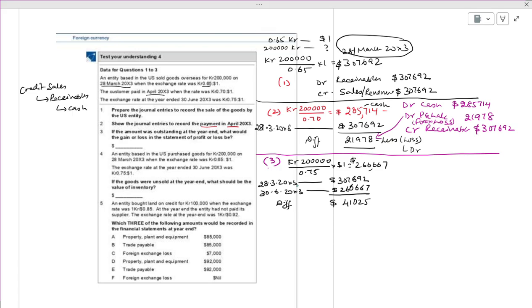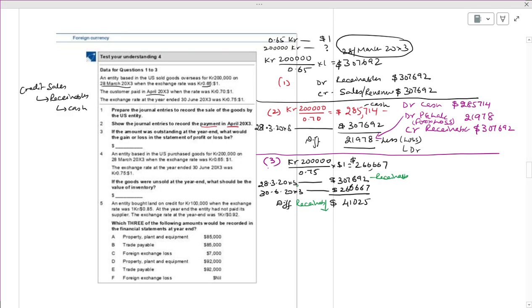Earlier receivables were more. Now on 30th June receivables are decreasing. 307 comes to 266. If receivables decrease, what's happening?